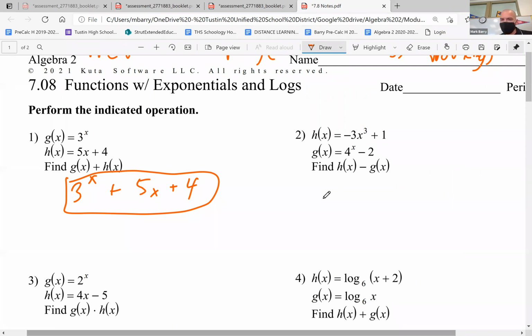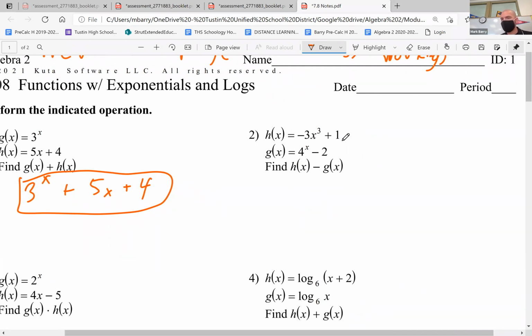Okay, so the next up here, a little bit trickier. We're going to do h of x minus g of x. So h of x is this, minus, and then for g of x, since this one's minus, we need to subtract g of x in parentheses.